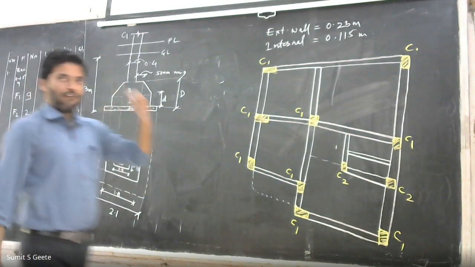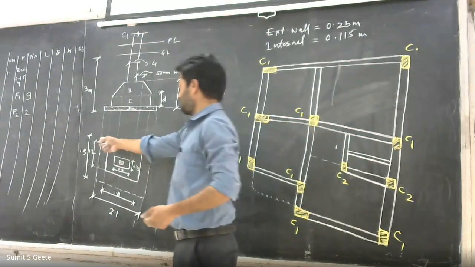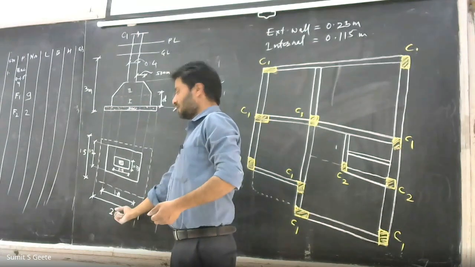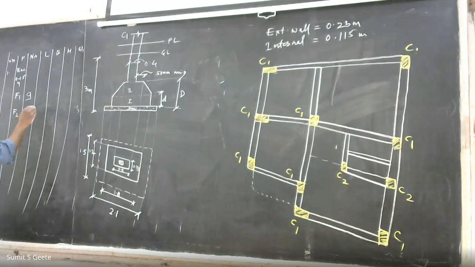Now for F1, what are the plan dimensions? Plan dimensions means this dimension, this and this. So this is 2.1 by 1.5. Second, F2, 1.5 by.